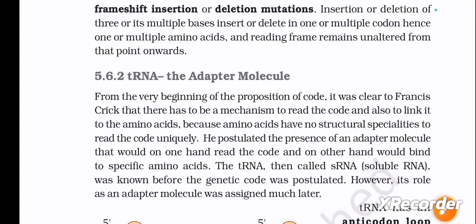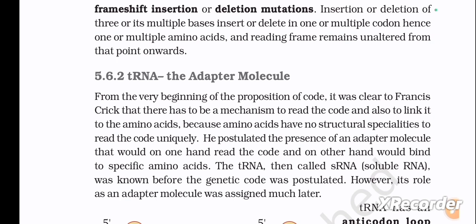Next, 5.6.2 tRNA, the adapter molecule. From the very beginning of the proposition of code, it was clear to Francis Crick that there has to be a mechanism to read the code and also to link it to the amino acids, because amino acids have no structural specialities to read the code uniquely.